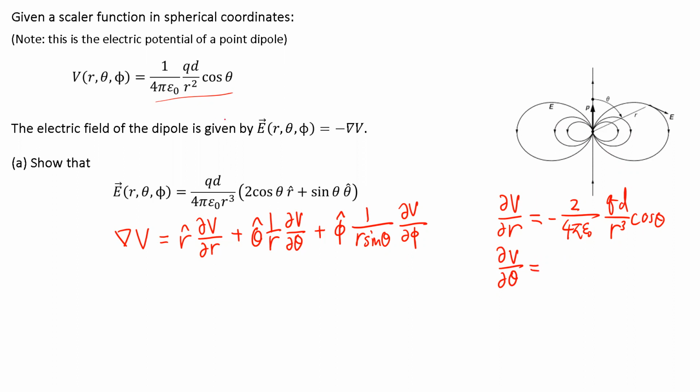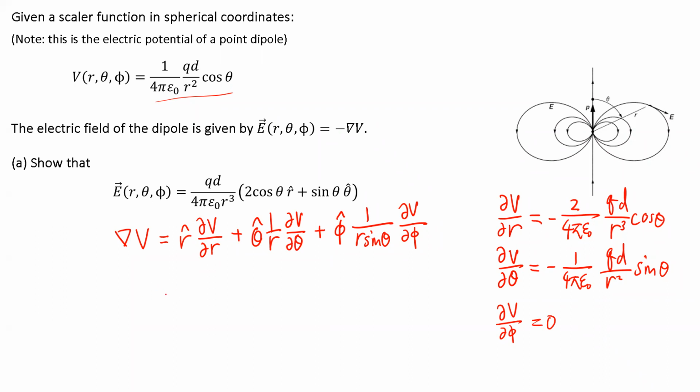Again, look at this function and just take the derivative for theta. You have this cosine, and after the derivative it is sine. And partial V partial phi, of course, is just 0, because this function does not depend on phi at all.